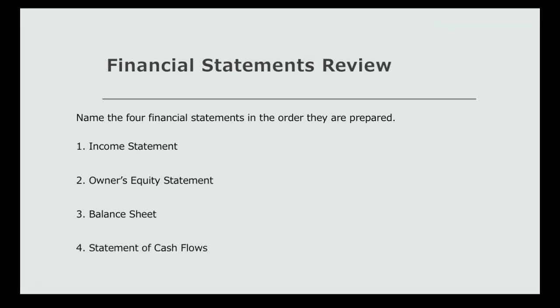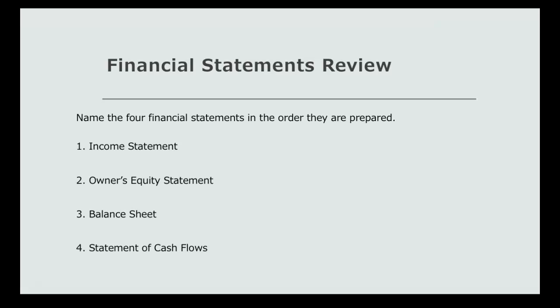And then the last financial statement is the statement of cash flows. Now, in chapter 1, you just need to know that the statement of cash flows exists and what it does. This statement is just showing where has your cash gone and where did you get cash from, right? We just want to know what's happening with all the cash for a business.